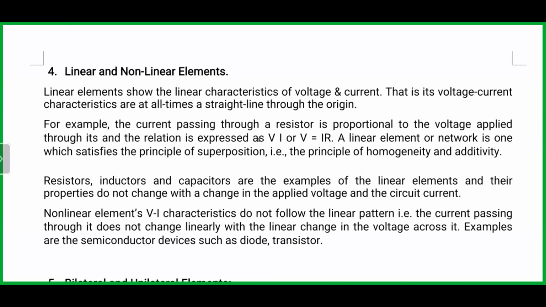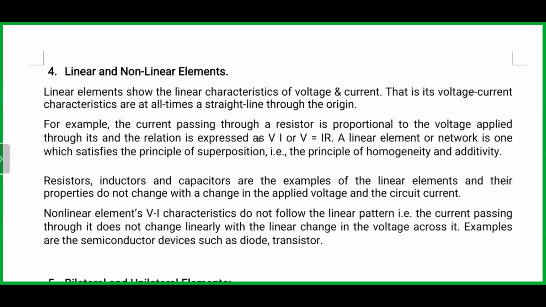A linear element or network is one which satisfies the principle of superposition, that is, the principles of homogeneity and additivity.